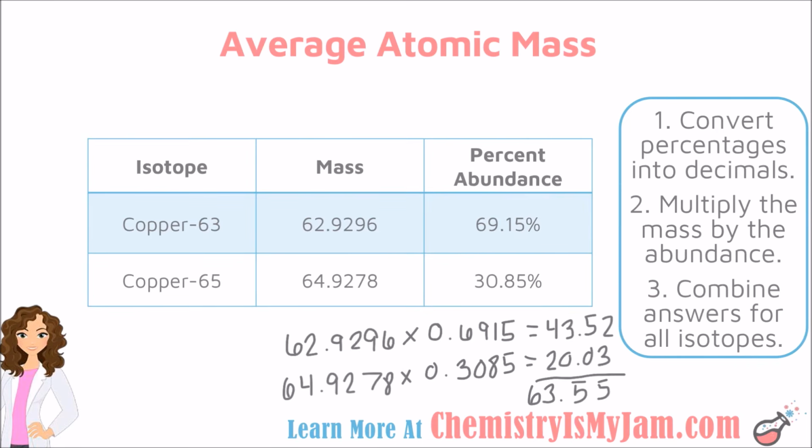So I expect my average atomic mass to be somewhat close to the most common isotope. And in this case, you can see that 63.55 is closer to 63 than it is to 65. So this is a weighted average that considers the most abundant isotope more. You can also check yourself because 63.55 should be the number that is printed on the periodic table for copper.